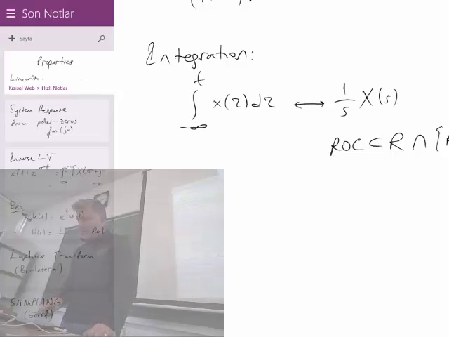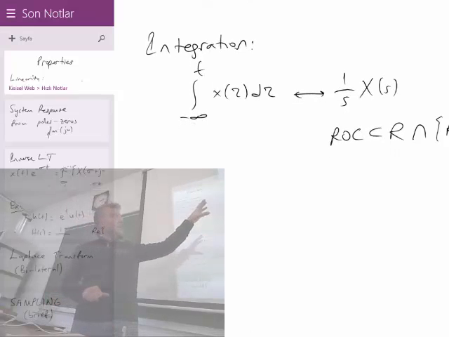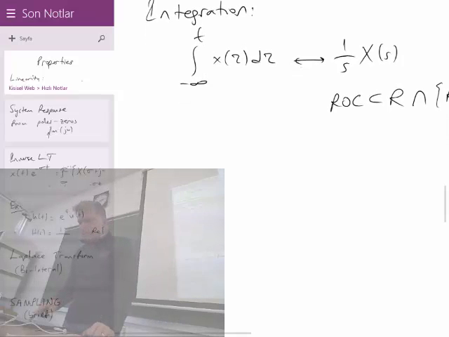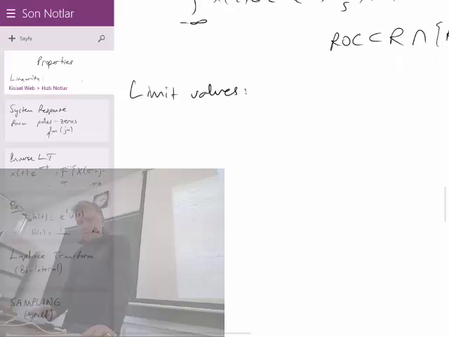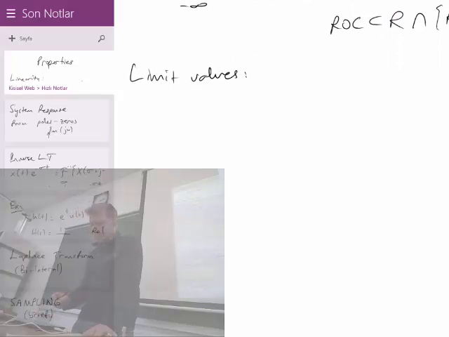But you may remember that 1 over s comes from this phenomenon. This is not a property but a consequence of the Laplace transform, which relates the limit values of the signal. The limit value says two things.